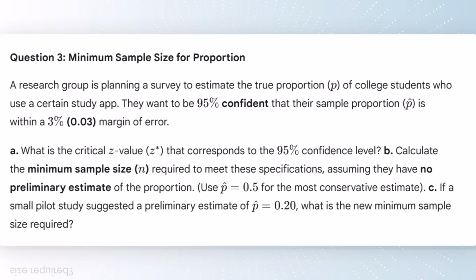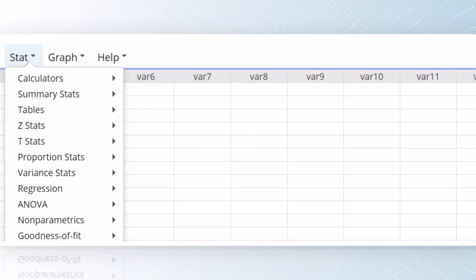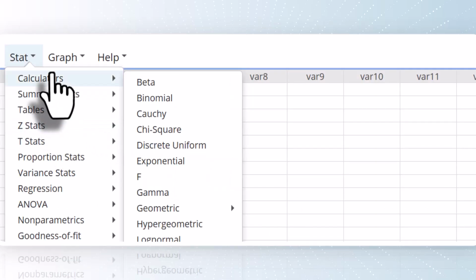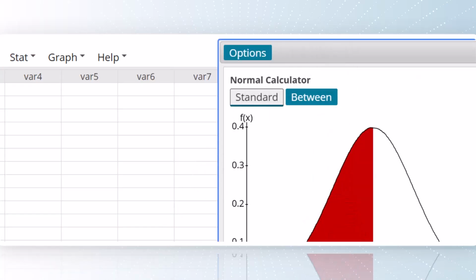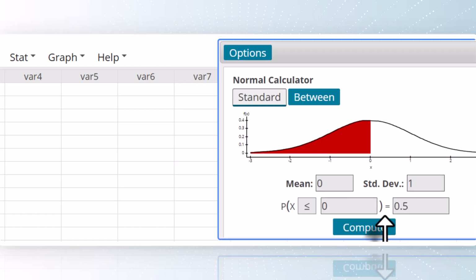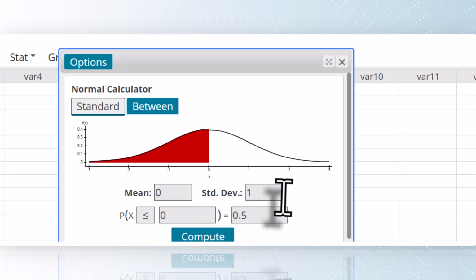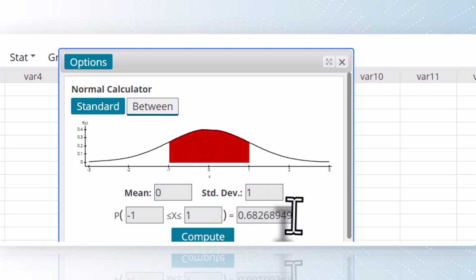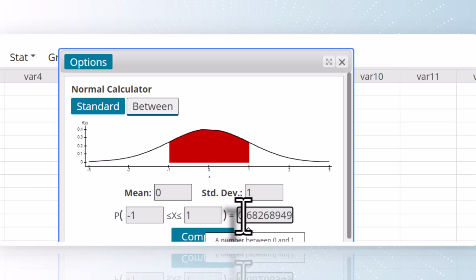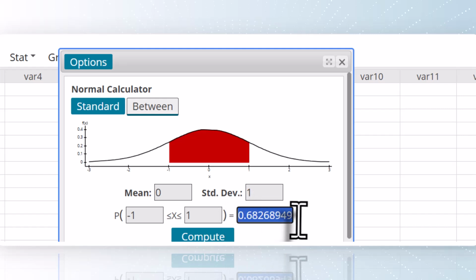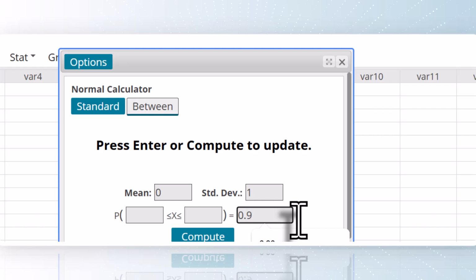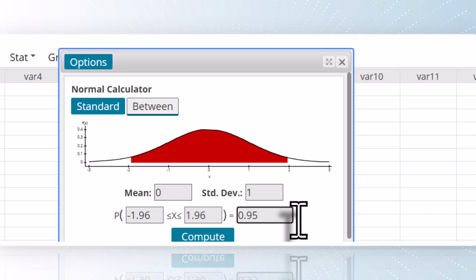Let me show you how to find those critical numbers first. So you go to calculators, you select the normal calculator. You make sure you have a 0 and 1 in there, and you just select between. If you want to figure out the critical number for 95% confidence, you just do 0.95 here, which is 1.96.